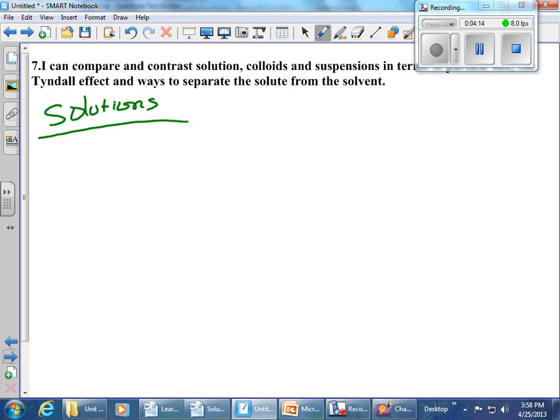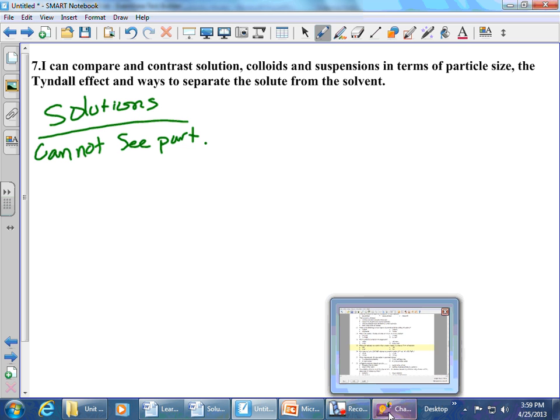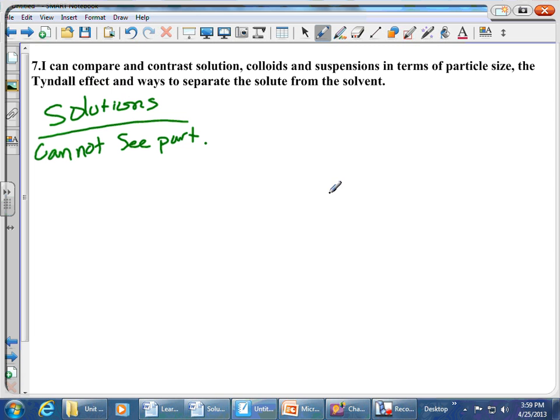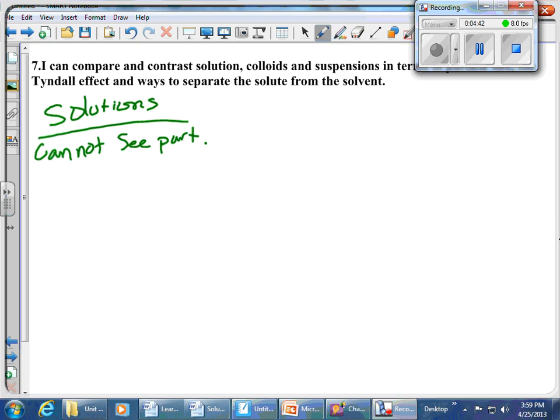Okay, solutions, they're really small particles, you cannot see the particles. Okay, they're very small. All right. So in terms of particle size, they are the smallest, and they have no Tyndall effect.